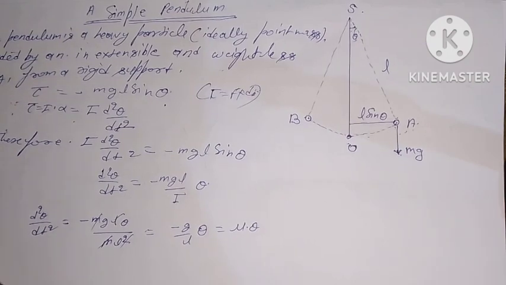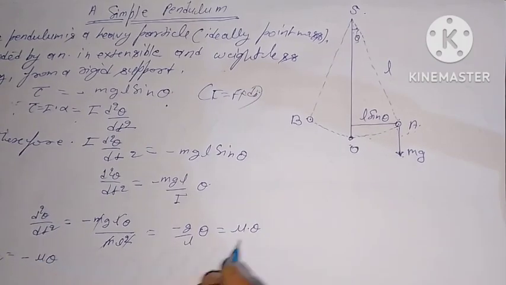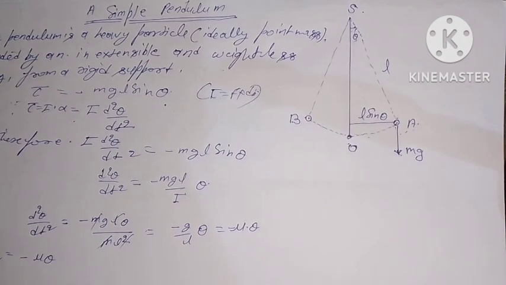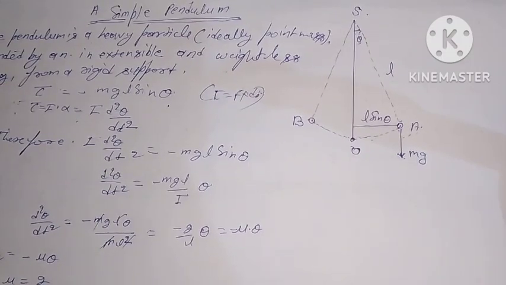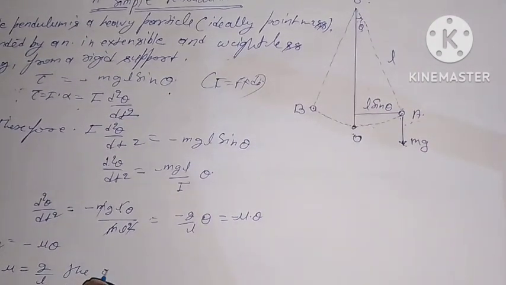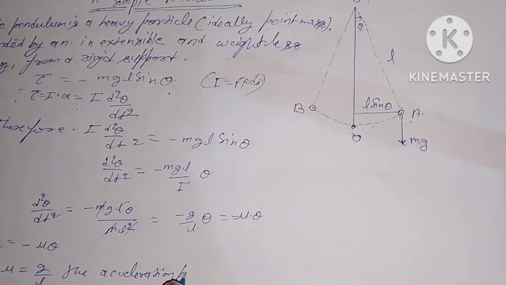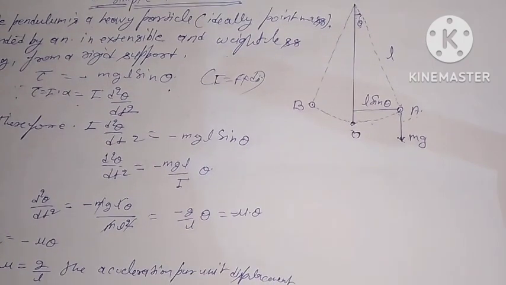Where d square theta upon dt square equals minus mu theta, where mu equals g upon l, the acceleration per unit displacement.